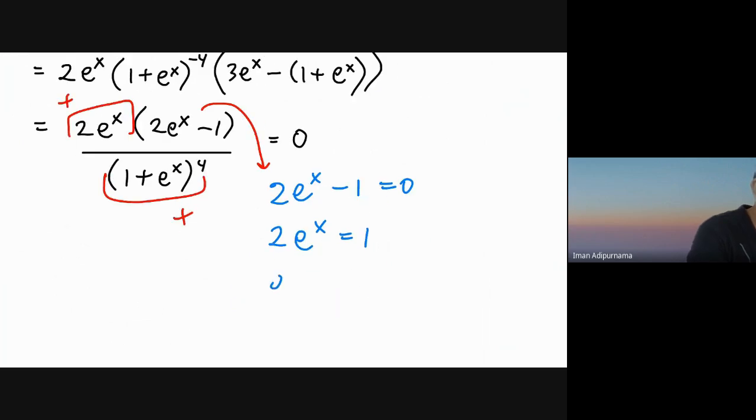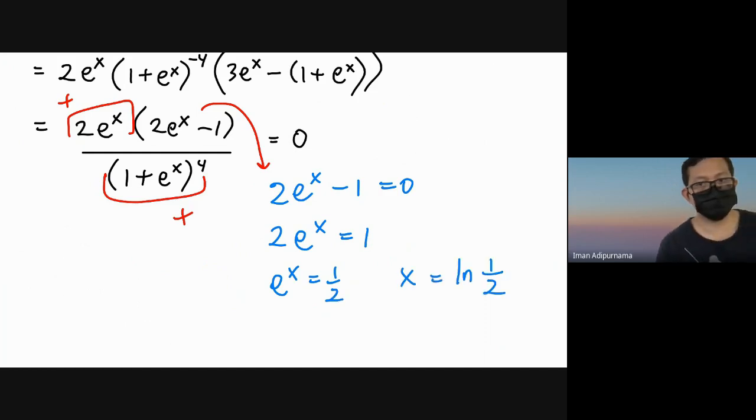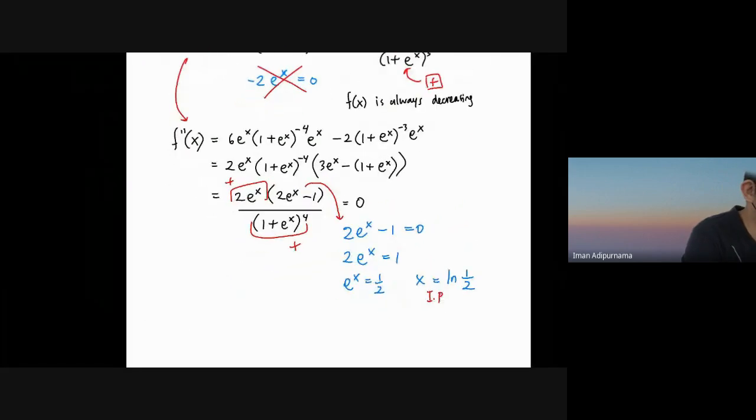Or we can say that e with power of x should be half, or x is equal to ln half. Probably the ln half will be our inflection point. Let me write this, probably inflection point. We can try to check.